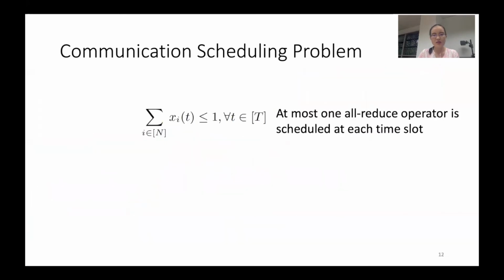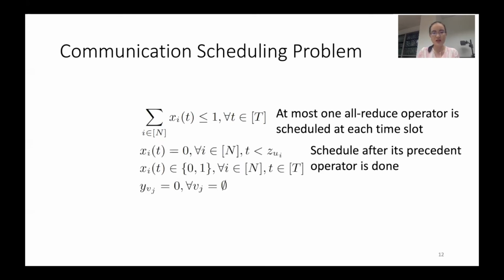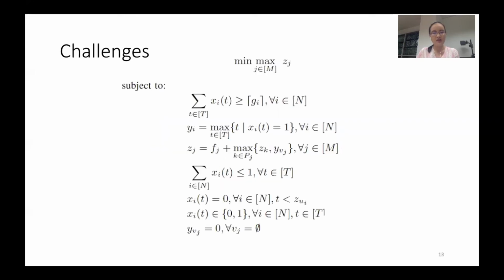We also have the resource capacity constraint. We ensure that at most one all-reduce operator is scheduled at each time slot because of the limitation of the bandwidth. And also, the all-reduce operator is scheduled only after its precedent operator is done. However, solving this problem is not trivial even if it's an offline problem.